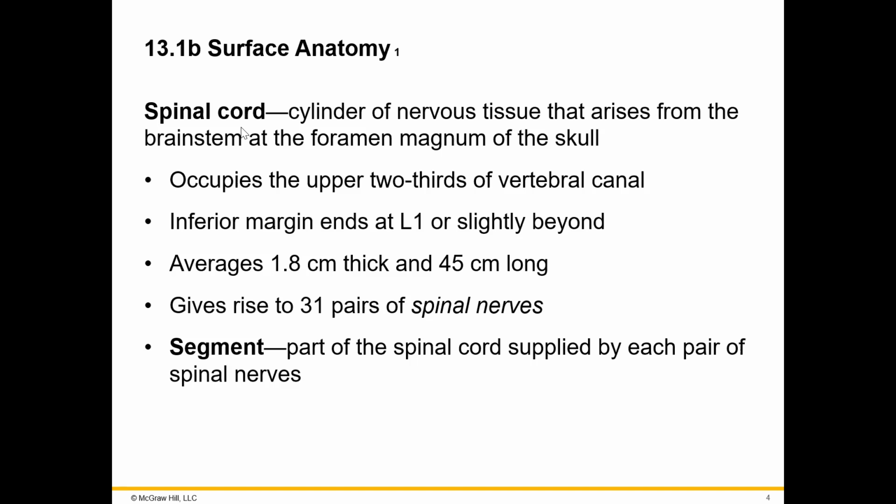So when we look at the structure of the spinal cord, we see that it is a cylinder of nervous tissue that arises from the brainstem at the foramen magnum. This very important foramen magnum is the outlet. It's a bone tissue that is like a hole, and the spinal cord begins right below.